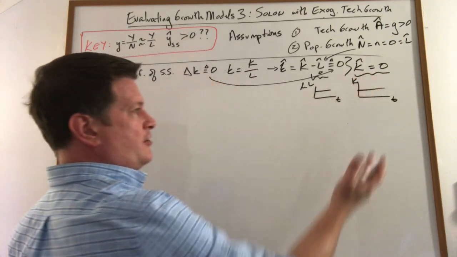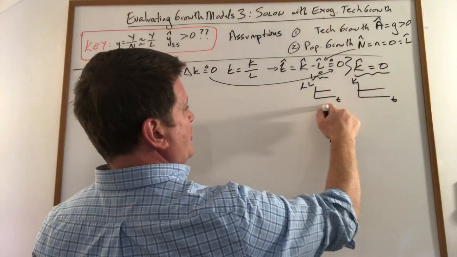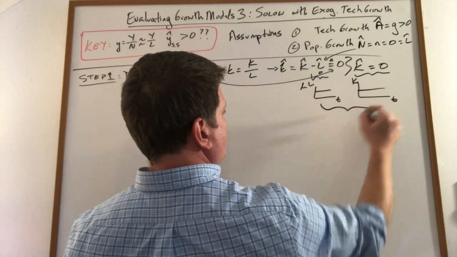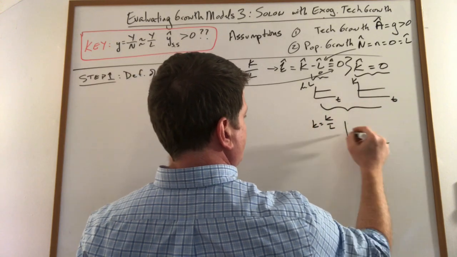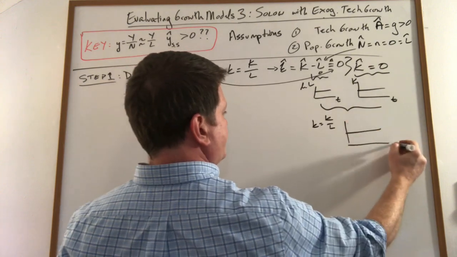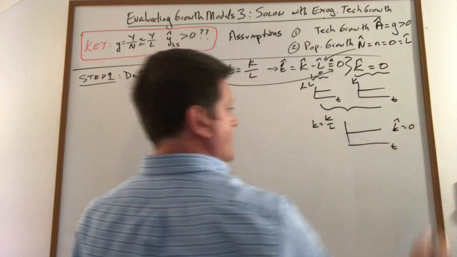It's there, they're logs. These two are constant, so K over L must also be constant. This is no change, which is why we get that.